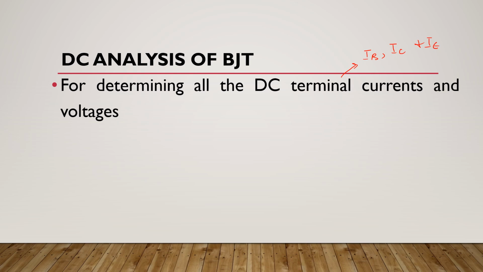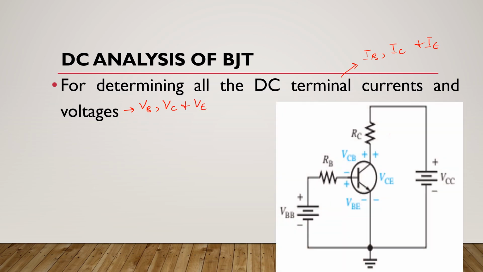These voltages are VB, VC and VE. Now look at this circuit. Here we know that this is the direction of emitter current, this is the direction of collector current, and this is the direction of base current.